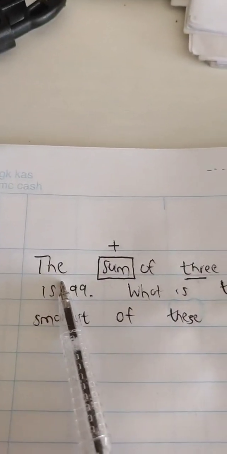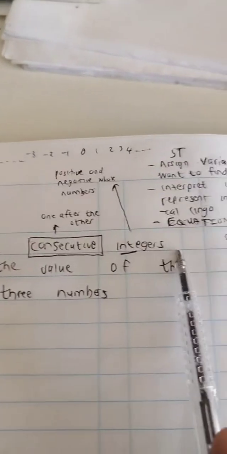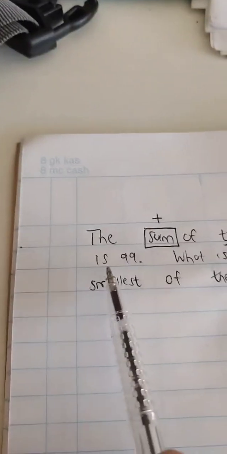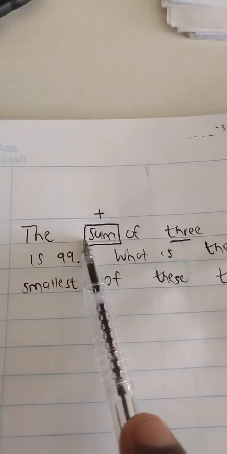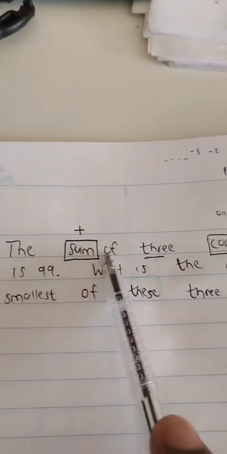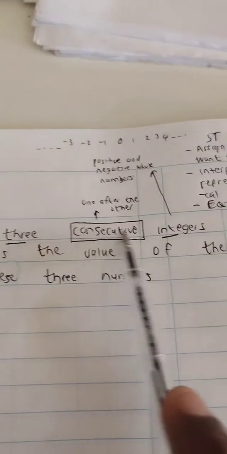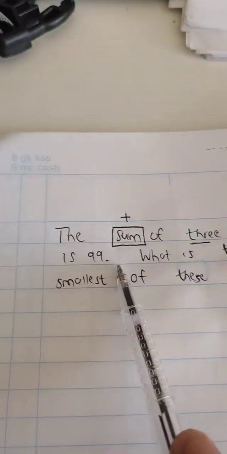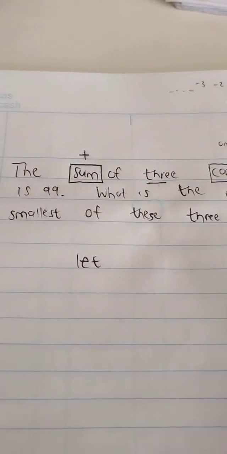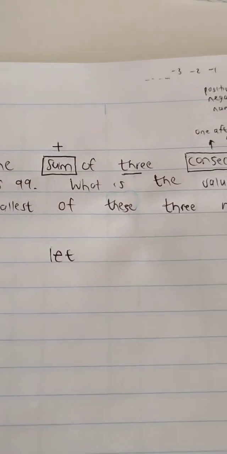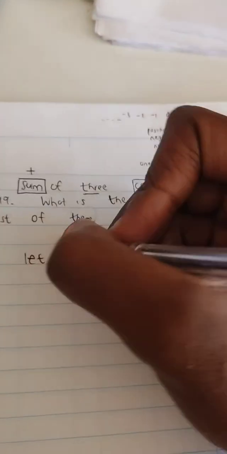No, we are just told the sum of 3 consecutive integers is 99. Now do I know what the first integer is? No, I don't.